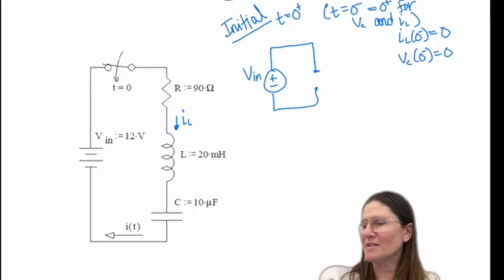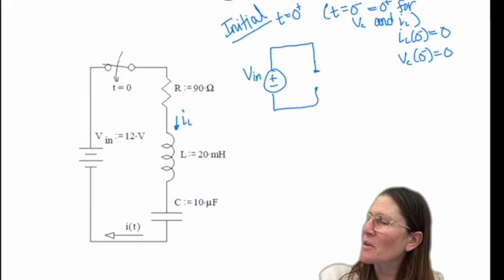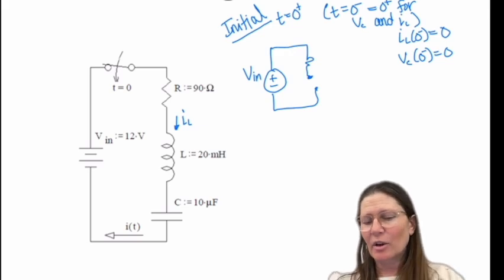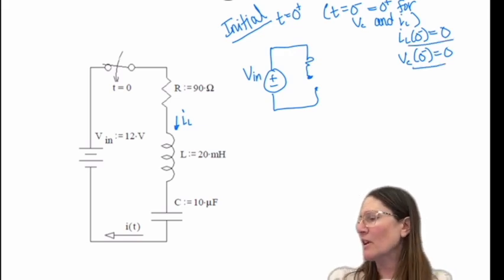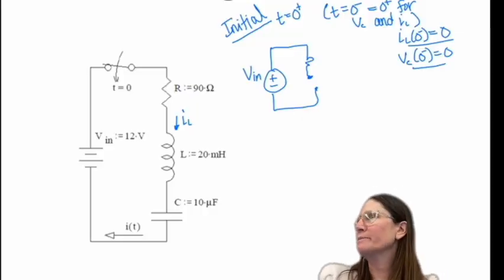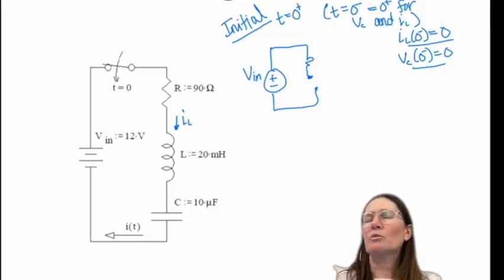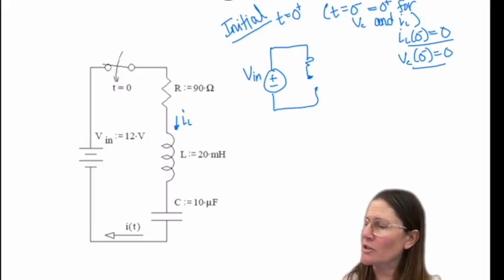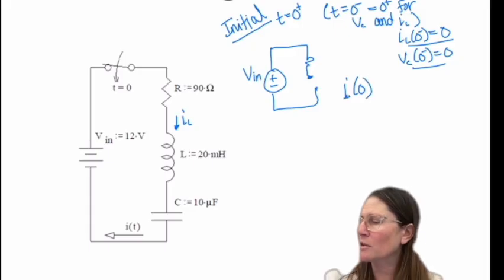Sorry, I didn't draw the resistor in there. Okay. So that makes it easy. These are going to stay both 0 at 0 plus. So 0 for our initial value. And since we're looking at the current there, our initial is going to be 0.